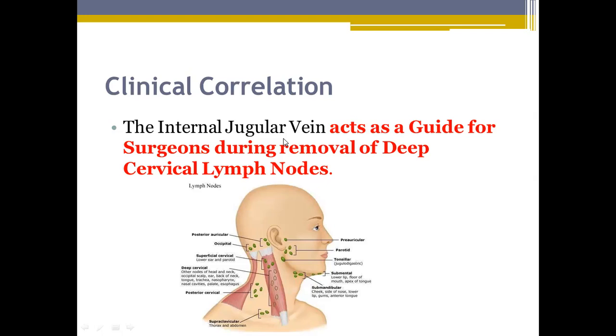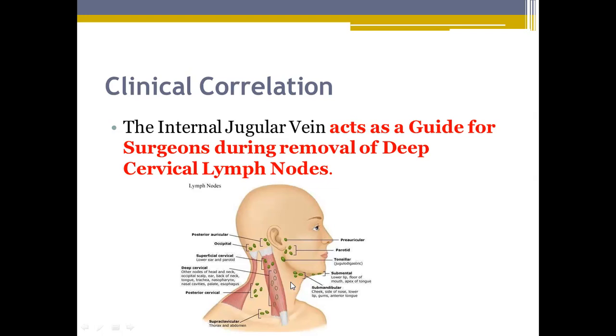Then involvement in malignancy. Lymph nodes from all parts of the head and neck ultimately drain into the deep cervical lymph nodes. Therefore they are frequently involved in malignancy and infections such as tuberculosis, TB.